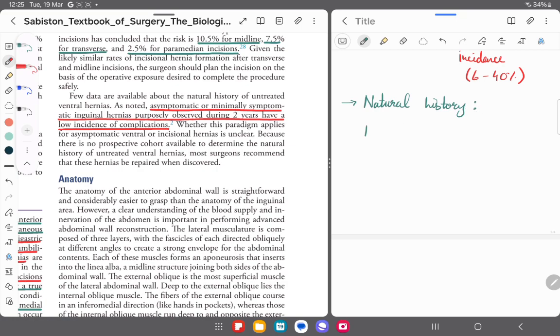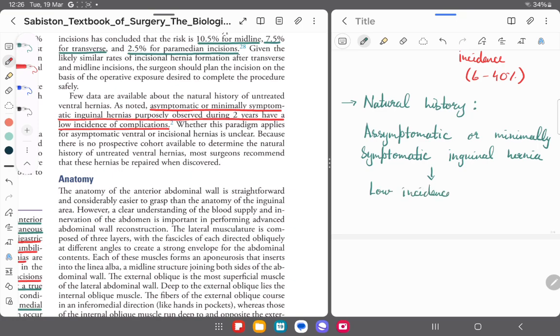Asymptomatic or minimally symptomatic inguinal hernias have low incidence of complications in a 2-year period.